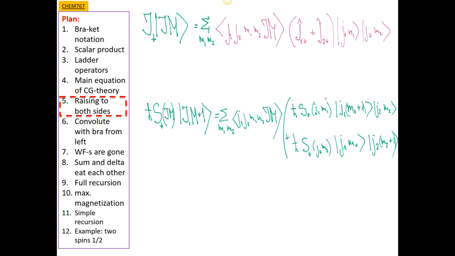Having this big operator doesn't make sense, so we need to plug in its implementation in this form: J1 plus plus J2 plus.